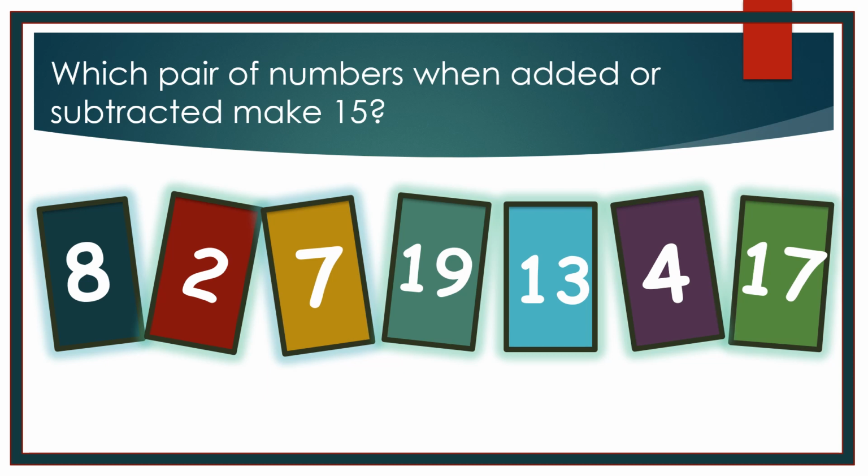Okay, so shall we read the question? Cool. Which pair of numbers when added or subtracted make 15? Here we can make almost 4 pairs to make 15. So let's see how it is done.